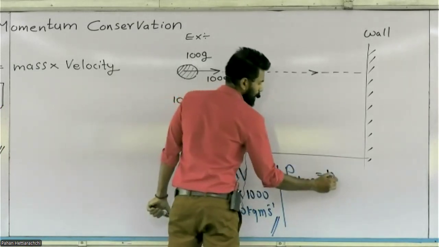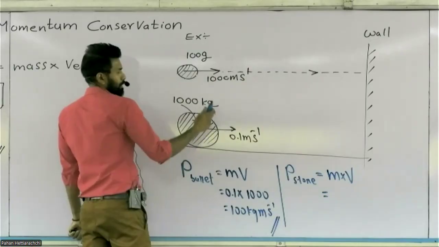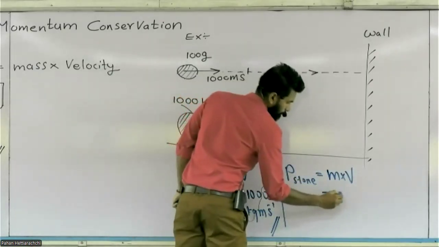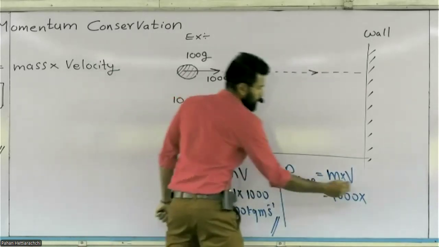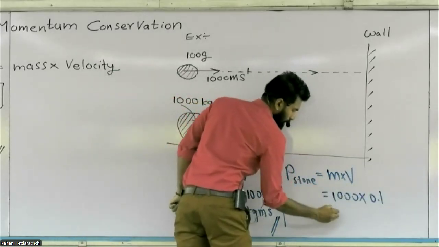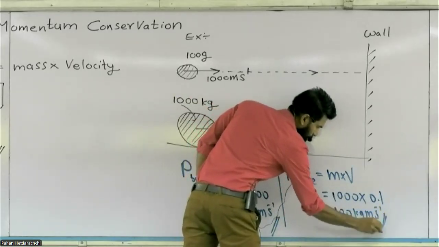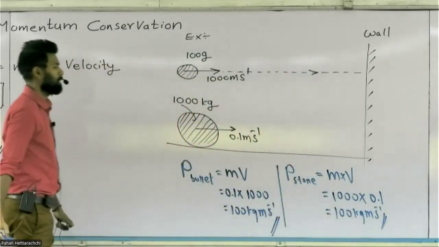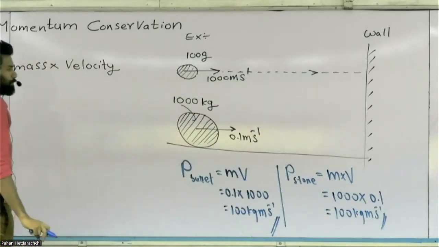It's equal to mv again. Mass of the stone is 1000. Velocity of the stone is 0.1. So again, you will get 100 kg m s^-1.